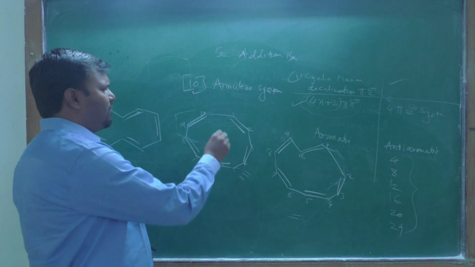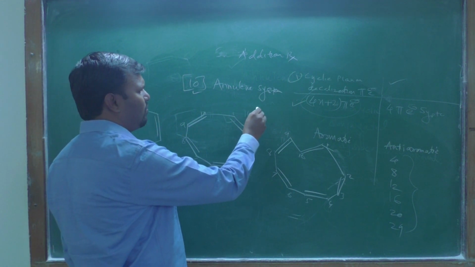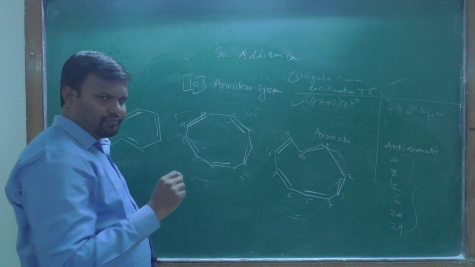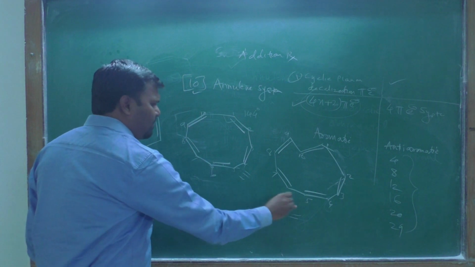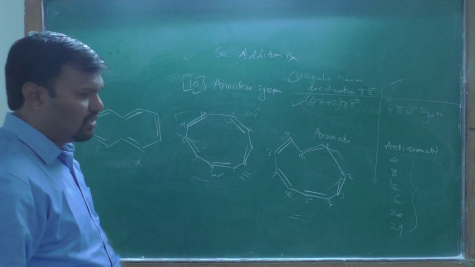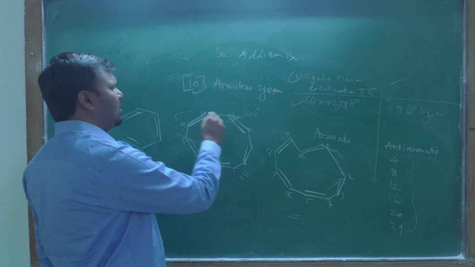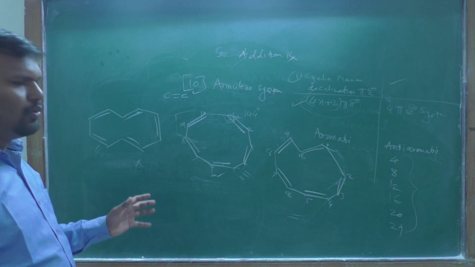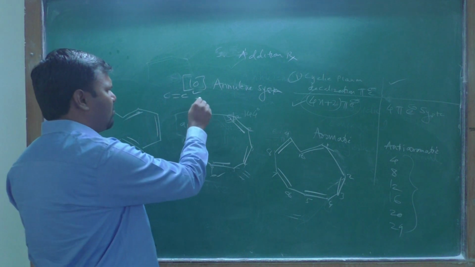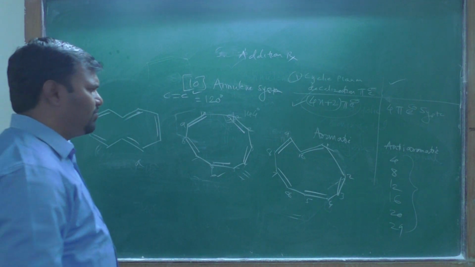Therefore, in the first compound, the bond angle is 144 degrees. If you consider structures A, B, C, and consider B and C, there is a double bond. We have seen previously that C double bond C is sp2 hybridized, and the normal angle for sp2 hybridized carbon is 120 degrees, and it deviates from the normal angle.